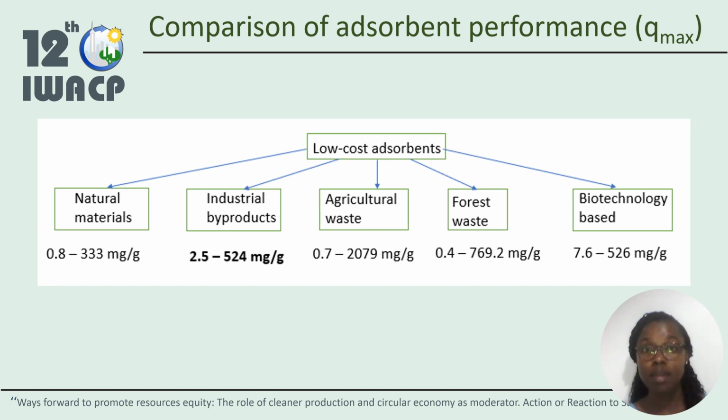Here, maximum adsorption capacities of adsorbents from each category are noted. When compared to other industrial byproduct-based LCAs investigated for lead adsorption, the material performs quite well, especially when considering its simplicity in that it is simply dried and milled.